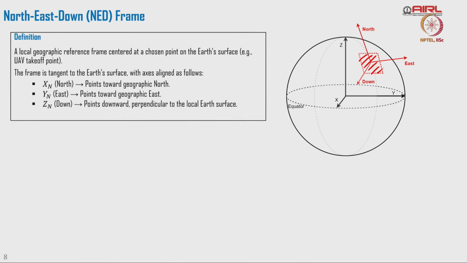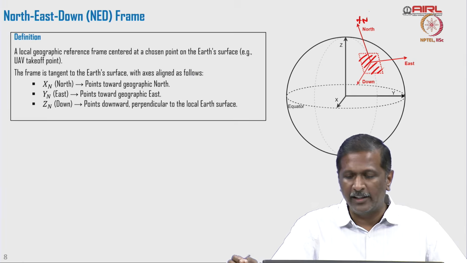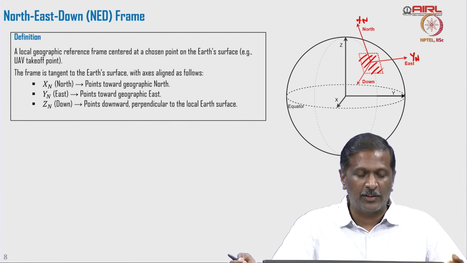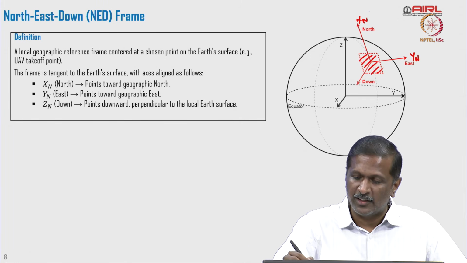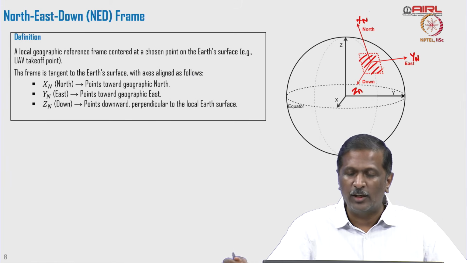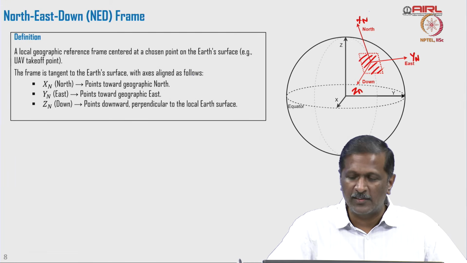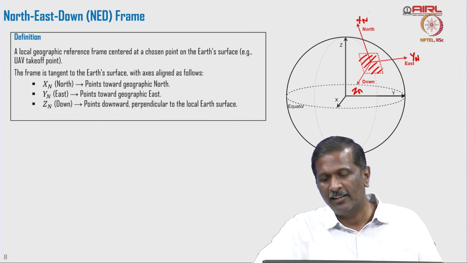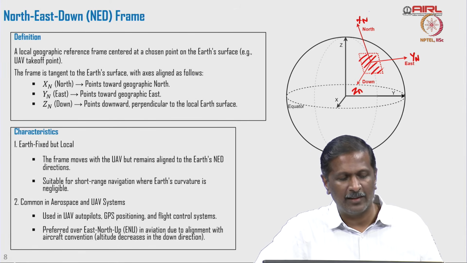X n is pointing towards the geographic north, y n is pointing towards geographic east, and z n is pointing in the downward direction. It is perpendicular to the local surface, pointing towards the earth center. That is your NED coordinate frame of reference.